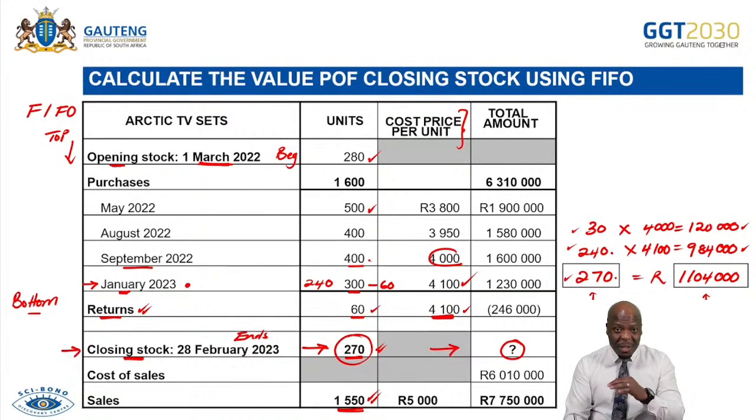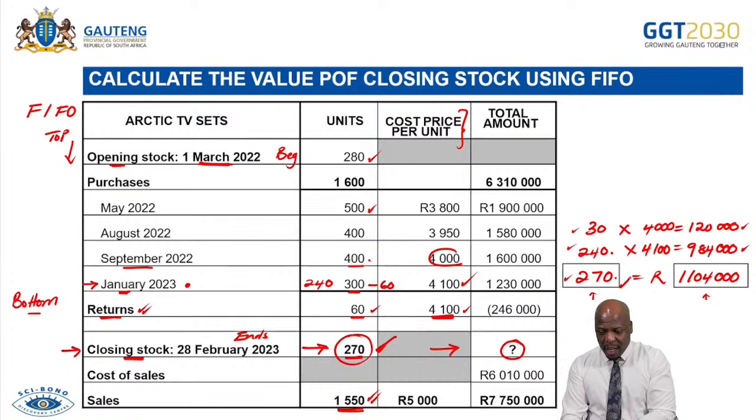Yes, this is how simple it is. You don't have to focus on the top. You simply focus at the bottom. The stock that we bought last will be the ones to be sold last. So we focus from the bottom, then we look all the way up. We need how many units? 270. The first one in January is not 300, but 240.